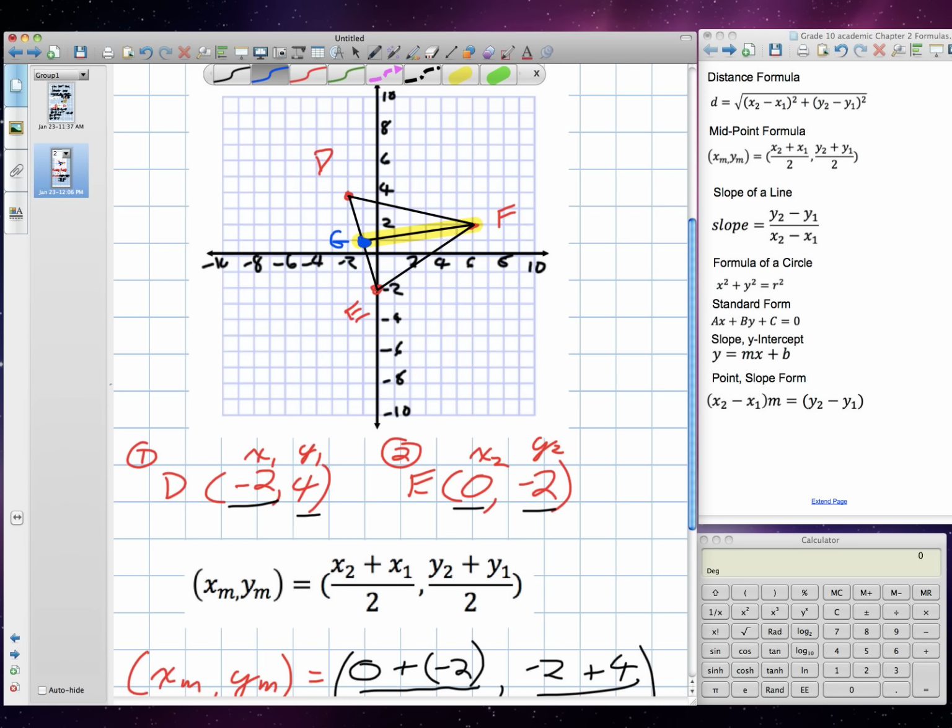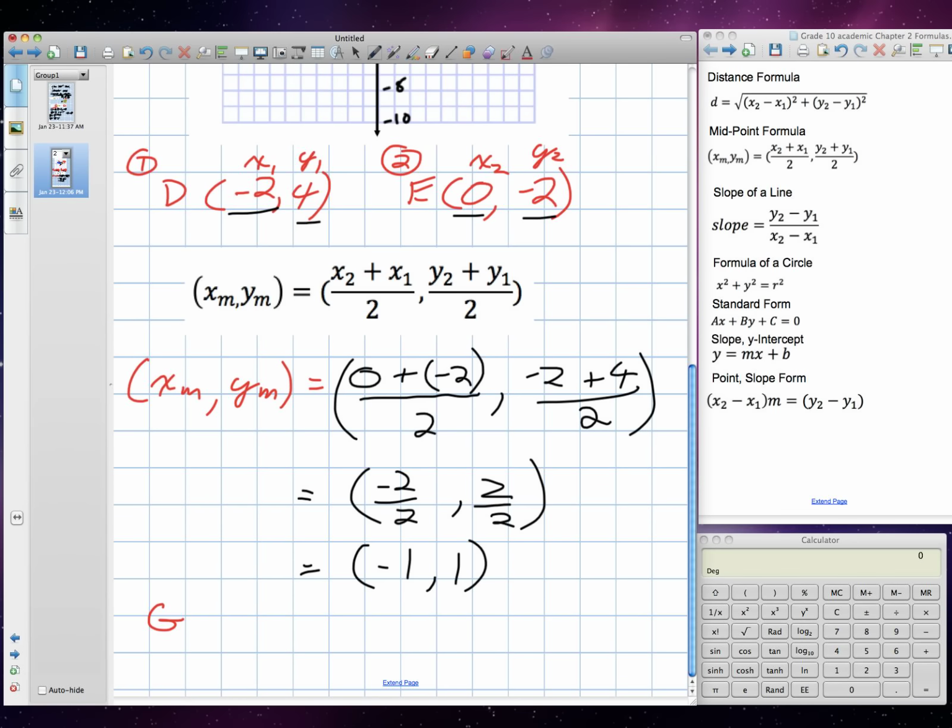So I have that point. Point F, which was important, was at 6 and 2. Okay? So we have those 2 points now. So now we have to find the equation of this line. We have 2 points, so we can find the slope. And then from there, we're going to put it in our slope y-intercept form. So we take the 2 points that we have.